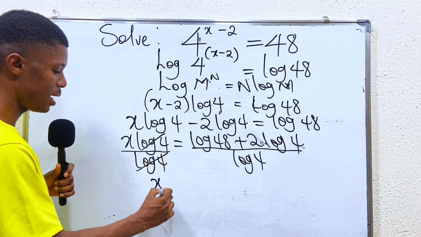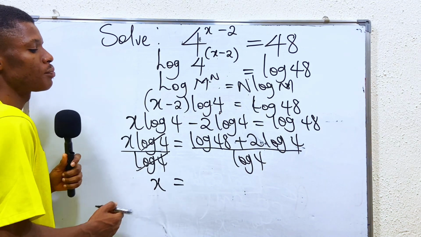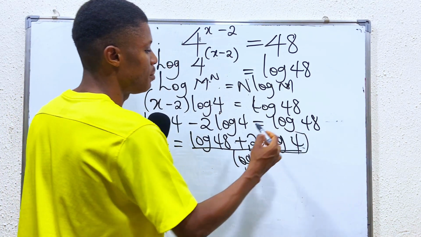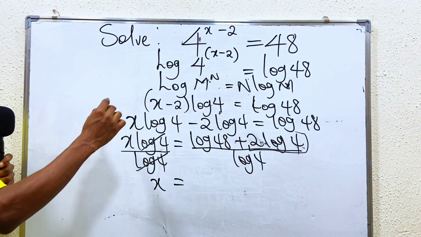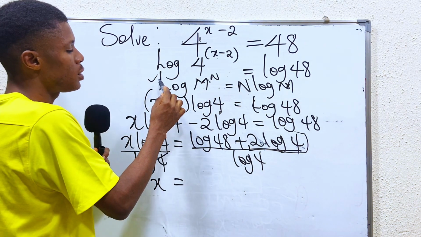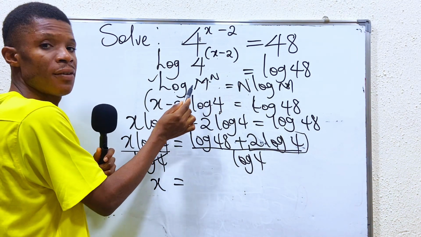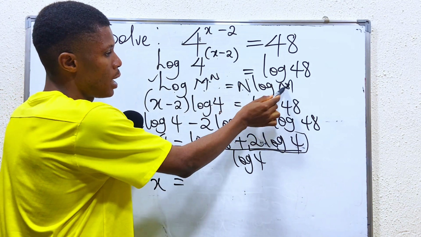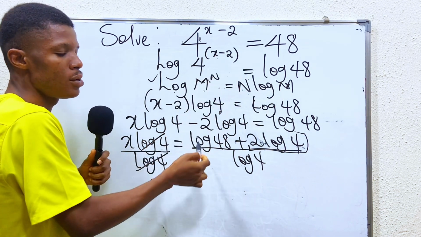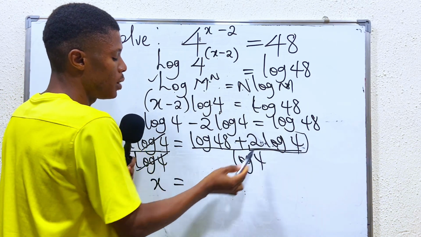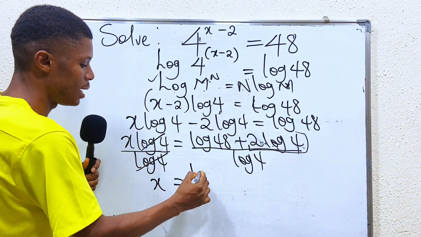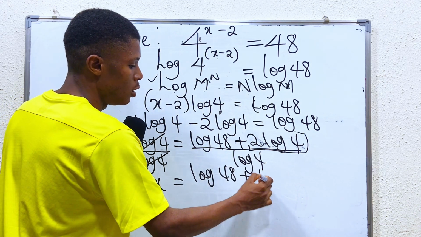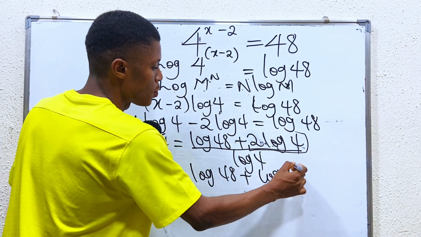If we divide by log 4, we are left with x is equal to, at this point, we need to simplify every term here. Remember, this law says that when we have log of m power n, we take it to be n log m. So we can still reverse it. Since we have 2 log 4, we can write it as log 4 squared.